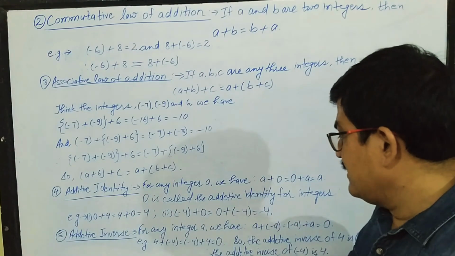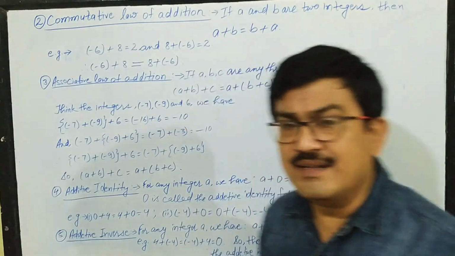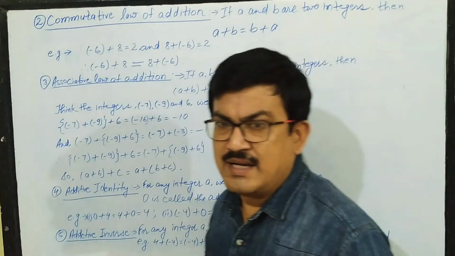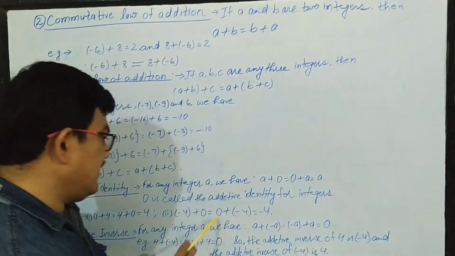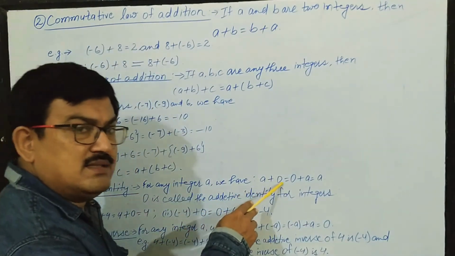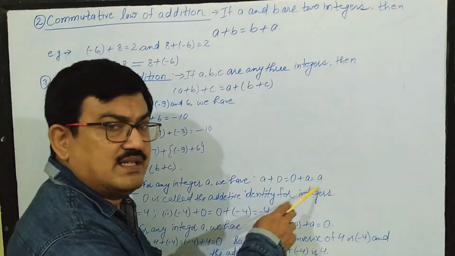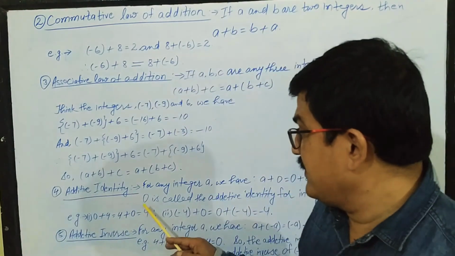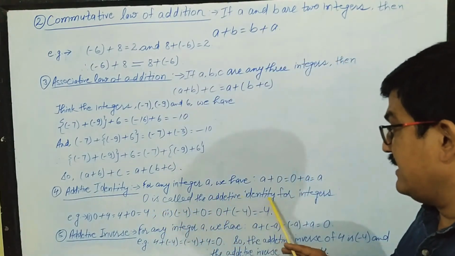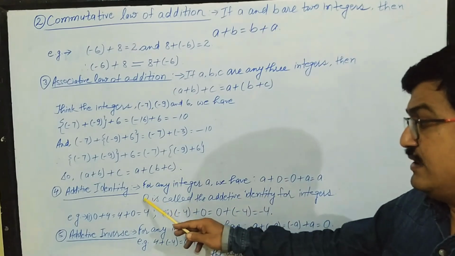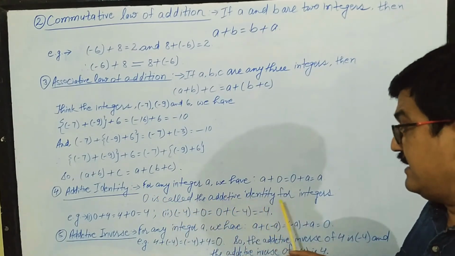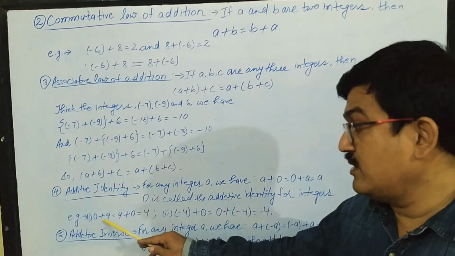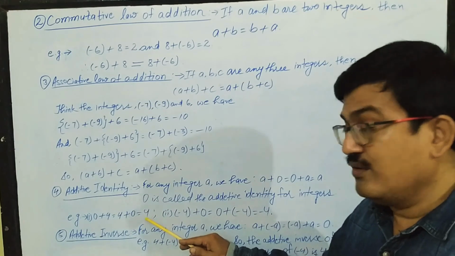And the next is the additive identity. Additive identity means if you add 0 to any integer, for any integer a, we have a plus 0 is equal to 0 plus a is equal to a. 0 is called the additive identity for integers. An example: 0 plus 4 is equal to 4 plus 0 is equal to 4.